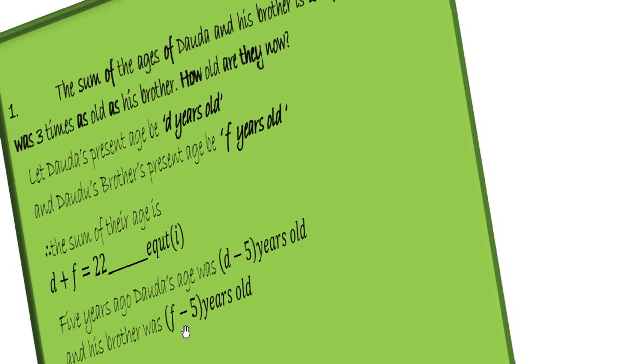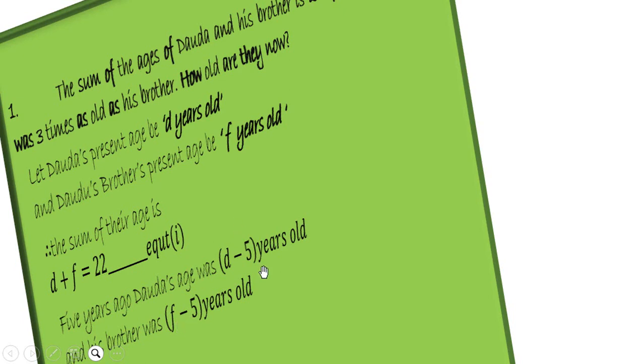Have I confused you? No. 5 years ago, Dauda was 3 times as old as his brother. That is, 5 years ago, when Dauda was D minus 5 years old, his age was 3 times his brother's age. His brother's age was F minus 5 years old then.